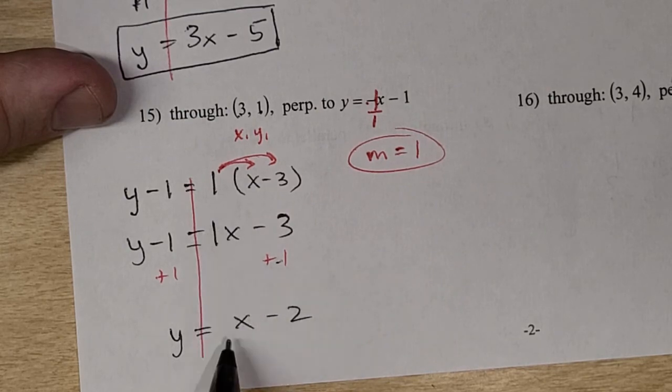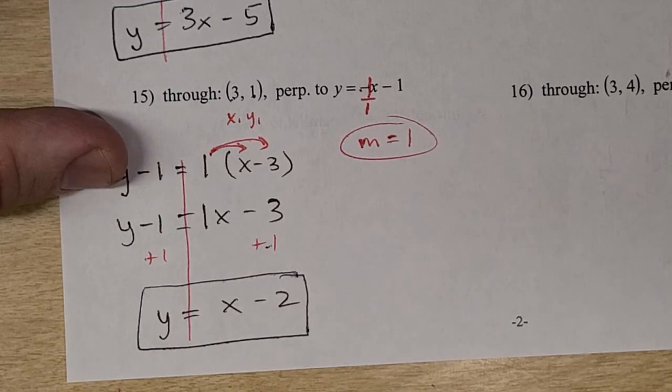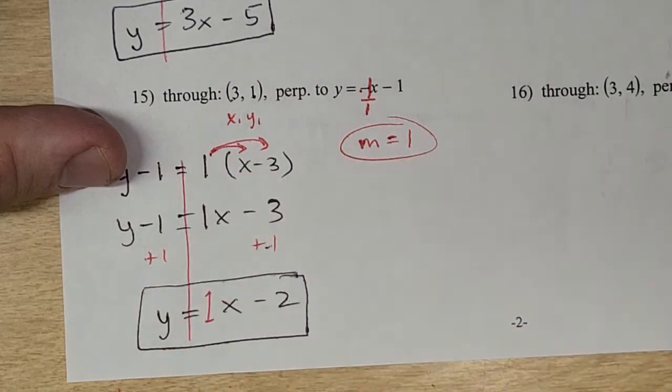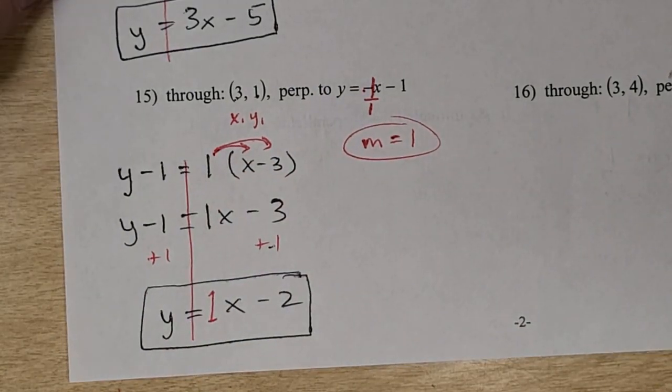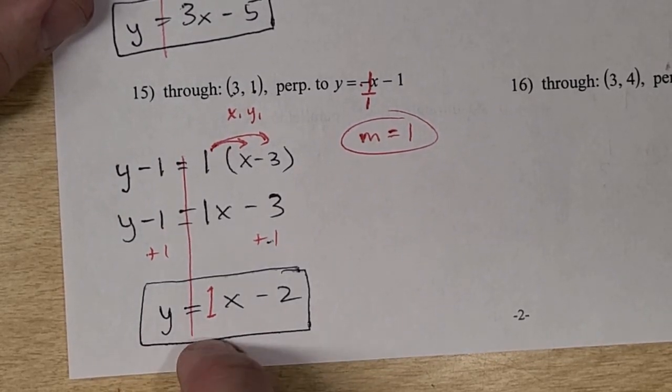Notice I didn't write this 1. Again, if this is a multiple choice question, I guarantee you that 1 is not going to be there. If you want to write it right now, I'm fine with that. If I were grading these by hand, I would mark it correct. But you're going to be taking a multiple choice test, so that 1 will not be there.